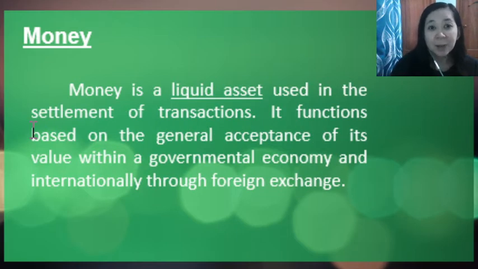Money is considered to be a liquid asset. When we say liquid asset, meaning to say this is as good as cash, readily available for payment of the obligation for exchange. This is used in the settlement of transactions. It is also based on the general acceptance of its value within the government, economy, and even internationally through foreign exchange.